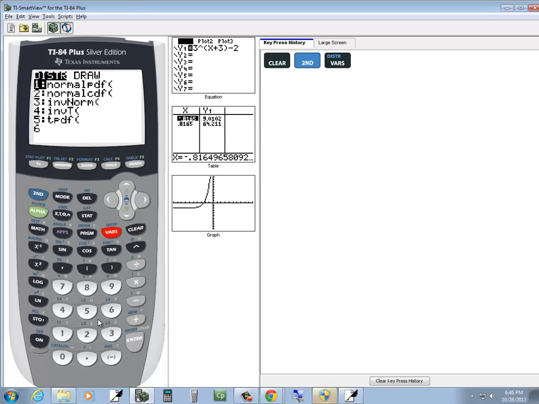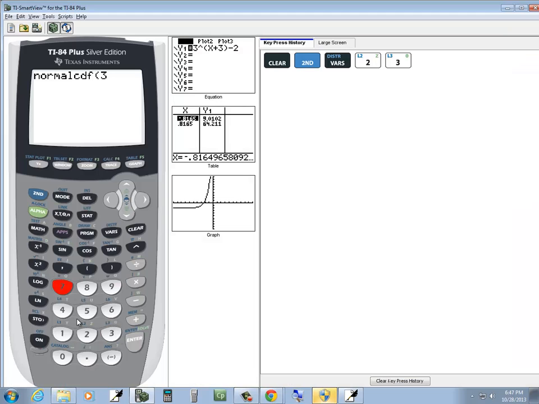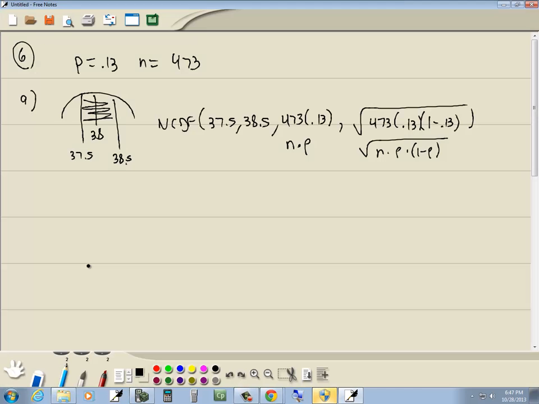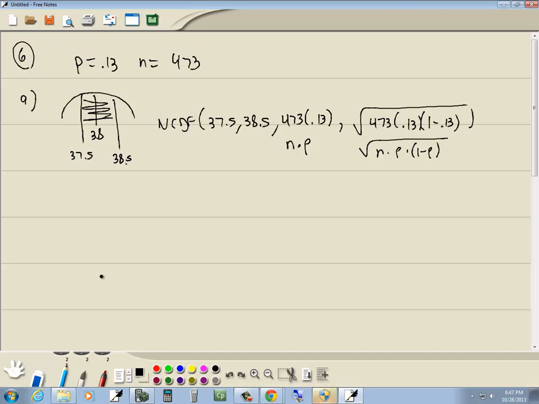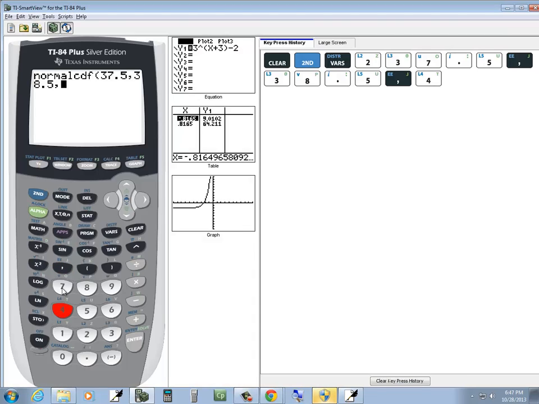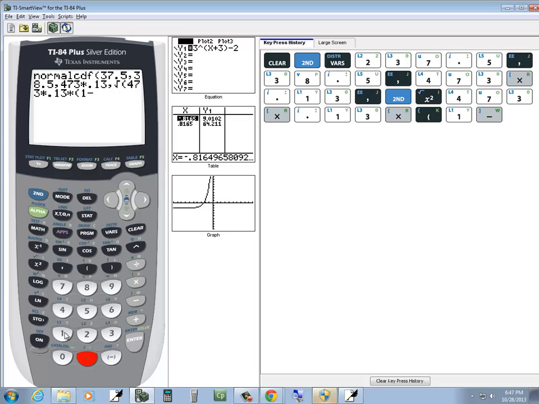So do second vars, choose normal CDF. 37.5, comma, 38.5, comma, 473 times 0.13, comma, square root, so second x squared, 473 times 0.13, times, beginning parentheses, 1 minus 0.13. Enter.